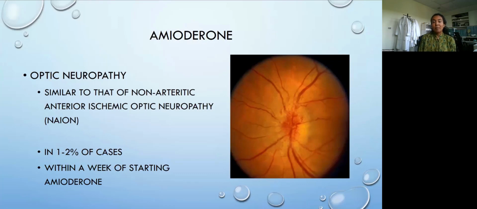Optic neuropathy can occur within a week or two after a patient starts amiodarone, so definitely be on the lookout for it, since it can cause visual problems if a patient starts this drug.